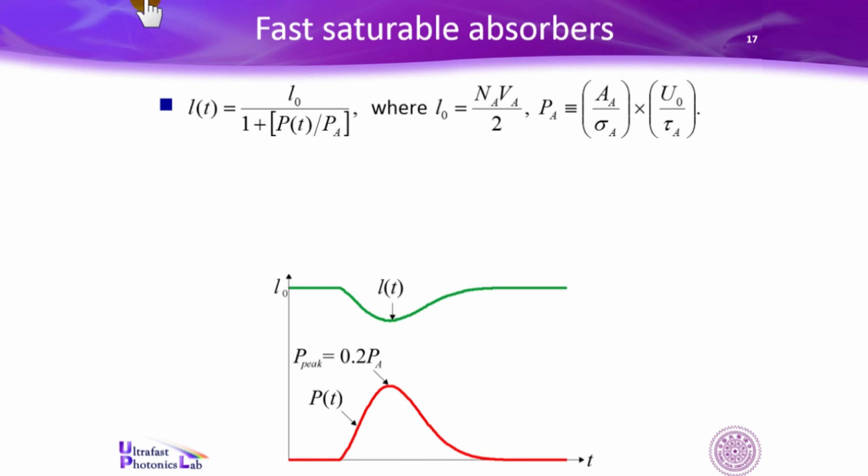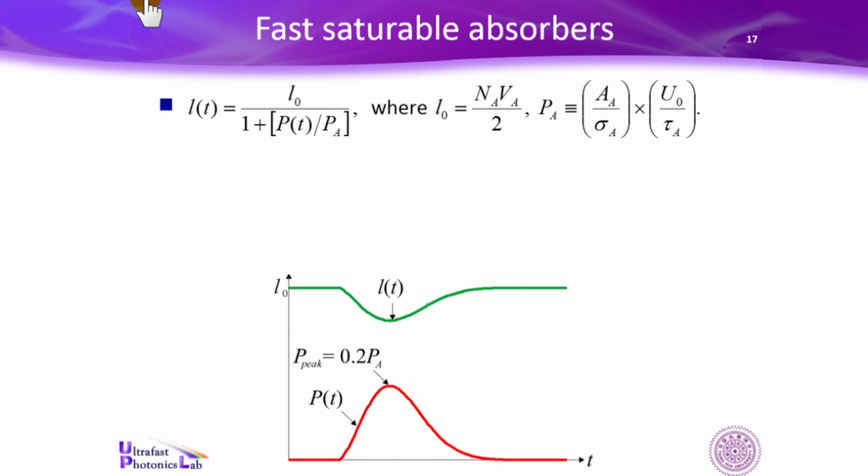And the model we used before is like this. Loss as a function of time equals L0, which means small signal loss, the loss when there is no laser power. The loss is highest, which is L0, over 1 plus a positive number, which is P of t over PA. P of t is the driving pulse, the red curve.